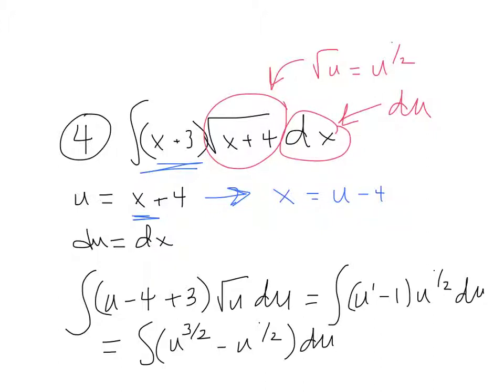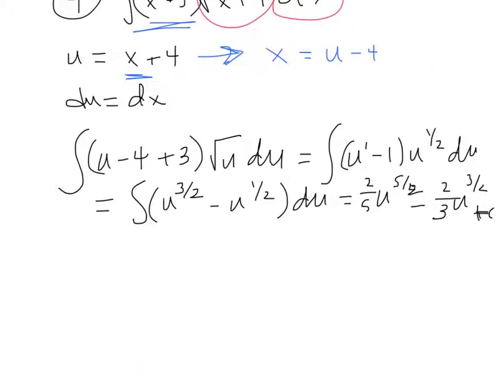And then I can integrate from there. So I would get u to the 5 over 2 with the 2/5 out front, and then minus u to the 3 over 2 with the 2/3 out front, and then plus c. So your final answer should be 2/5.